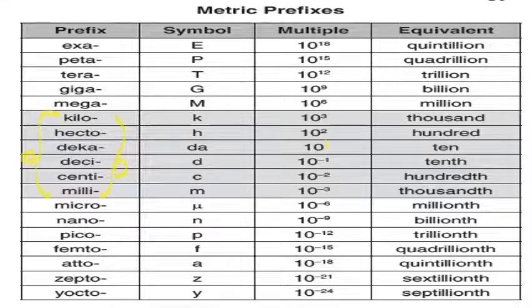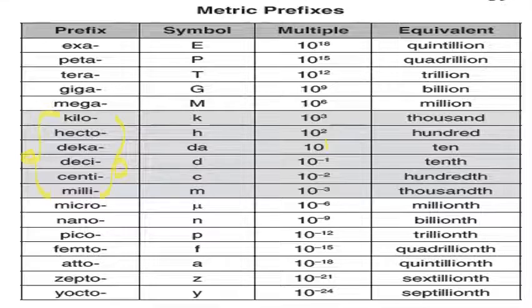We have 10 to the power of negative 1, or one tenth. If the exponent is negative, class, it means the number or measurement is small, because its exponent is negative. Okay? So, next is centi. We have small letter c, or 10 to the power of negative 2, or one hundredth.